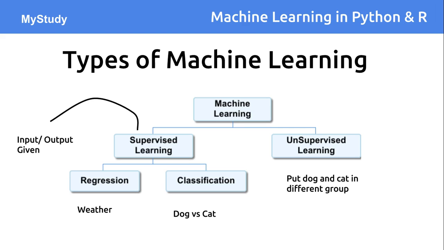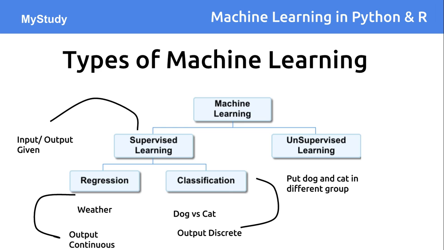In supervised learning, in the very first two examples, we have been given both input and output, and our task is to model the function f. Once you know that in the training data both input and output are available, let's classify into two categories, regression and classification, based on the output that has been given. The weather output is continuous, because it can be any real number.